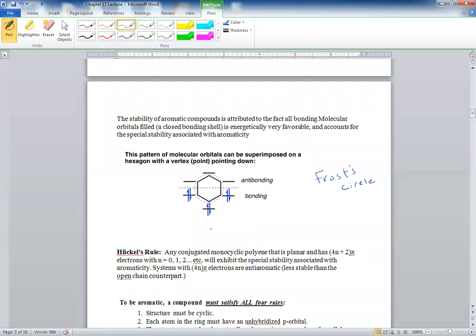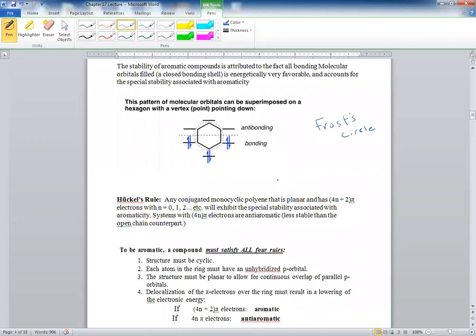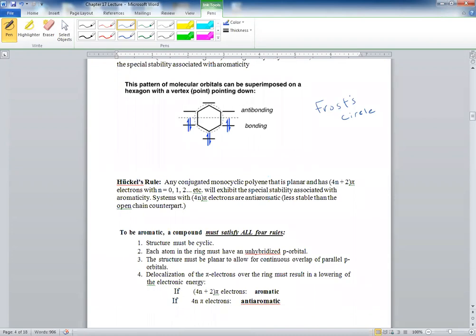However, if you have all of your electrons in bonding orbitals, bonding MOs or molecular orbitals, then that's incredibly favorable, and it ends up lowering the energy of the system. So that's the idea. If you would like in class to learn more about it, I could share a video or two about that. But again, I am not testing you on that.